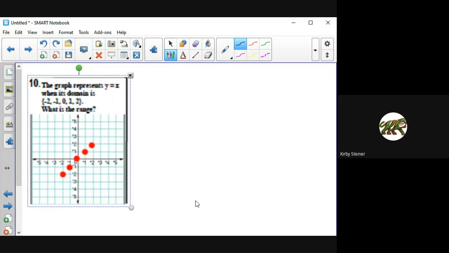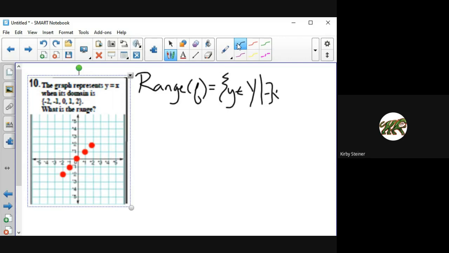So let's write down a definition of range so that we know where we're going. Range of f is equal to the set of y such that there exists an x such that f of x is equal to y.